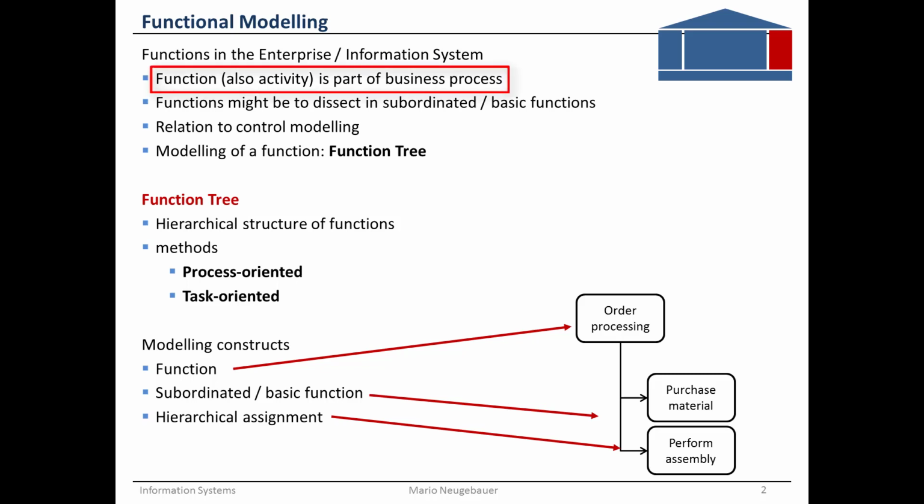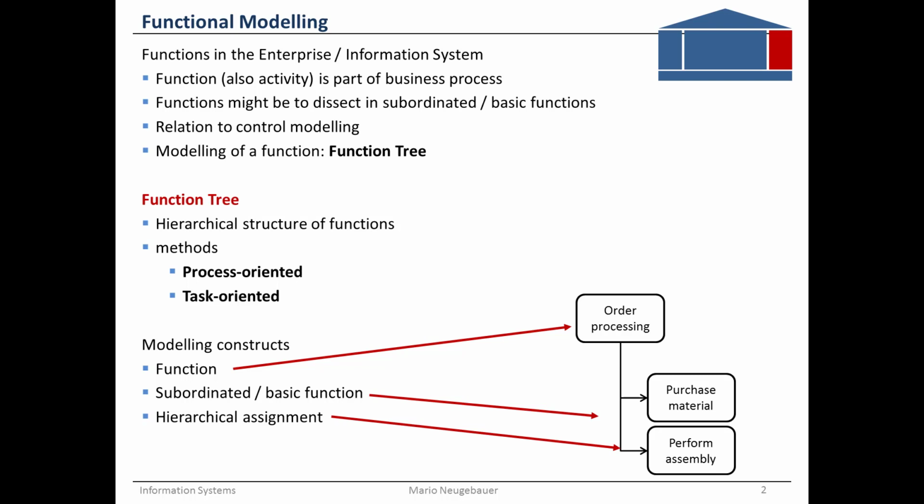And then of course we need to think also about the business process, which is executed by people, executed by job positions. And if we want to connect the business process with the information system, then we need a function supporting a particular activity in our business process.